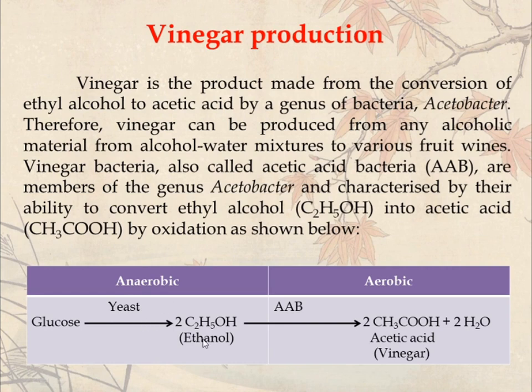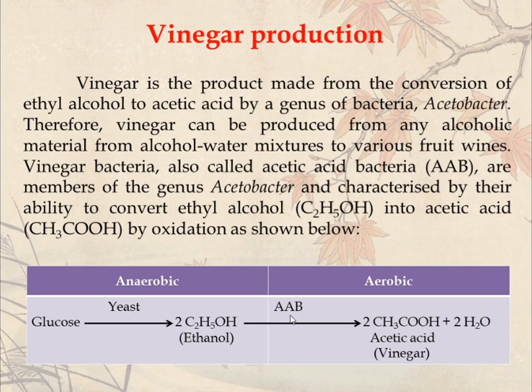This process is called alcohol fermentation. Later this ethanol under aerobic conditions is converted into acetic acid, which is the vinegar, in the presence of acetic acid bacteria, or as we commonly call it, vinegar bacteria.